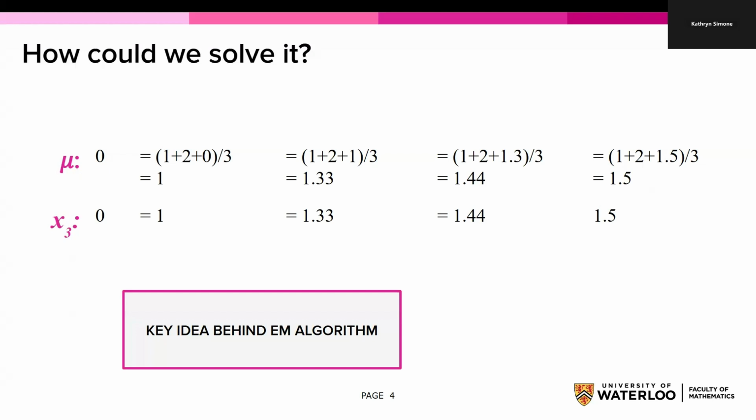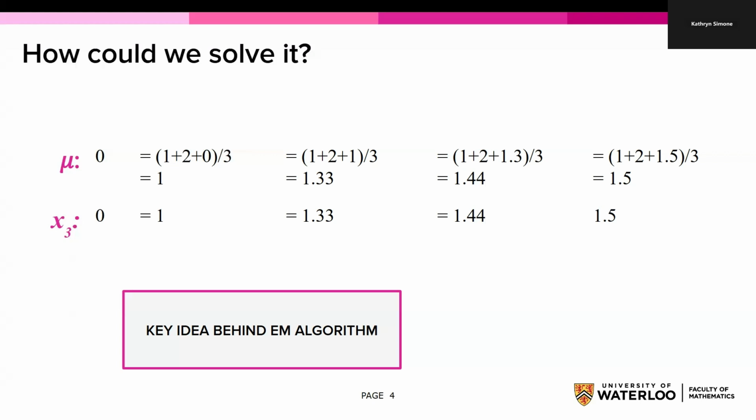The EM algorithm is essentially maximum likelihood estimation, but with a twist. It allows us to estimate the parameters effectively even when we're missing parts of the data.